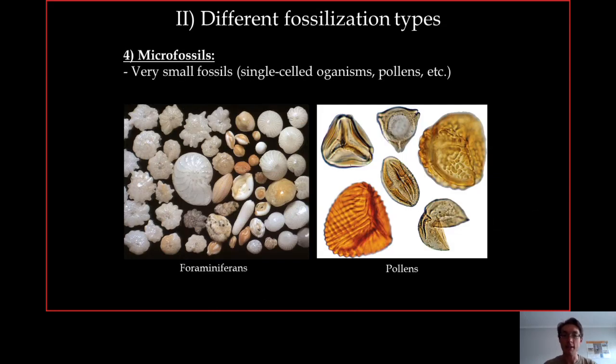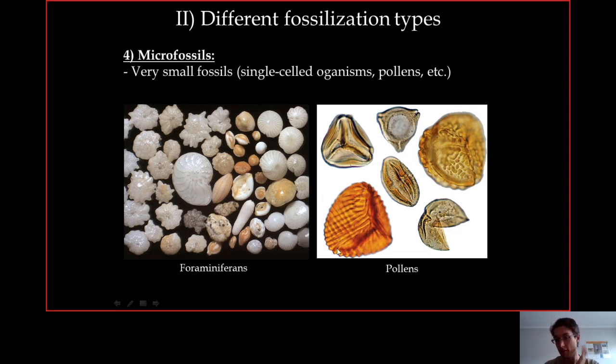And the last category is microfossils. So fossils that are too small to be seen with the naked eye, so you have to use a microscope. Every fossil that is just too small to be seen with the naked eye is considered a microfossil. Usually the fossilization process is quite different because the chemistry in small specimens is quite different. Sometimes you even have pollens that are millions of years old, but what you see here, the orange part, is not even fossilized at all.